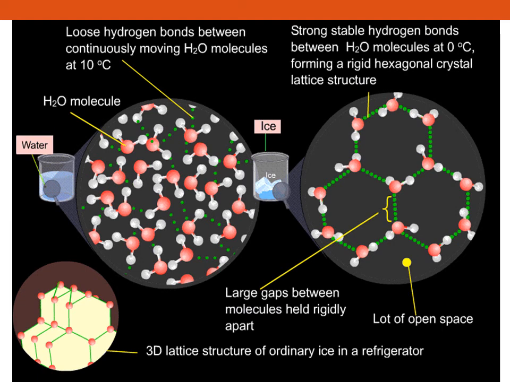Looking at ice, which occurs at 0 degrees Celsius, it forms a rigid structure, a perfect lattice structure where there is a lot of open space, and this leads to the density being less. Therefore, ice floats on the surface at 0 degrees Celsius.